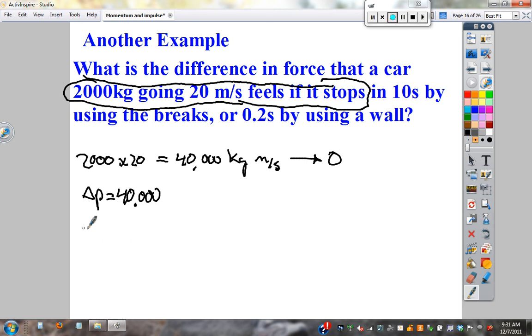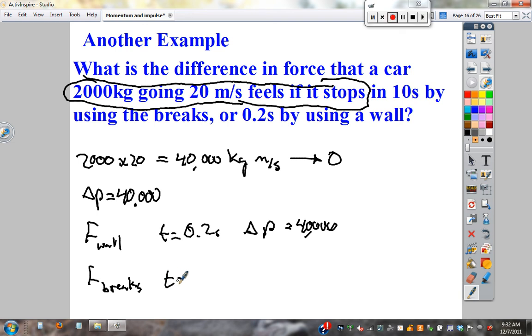Now, we have to find two forces, force hitting the wall and force with the brakes. The wall feels a stopping time of 0.2 seconds and a change in momentum of 40,000.